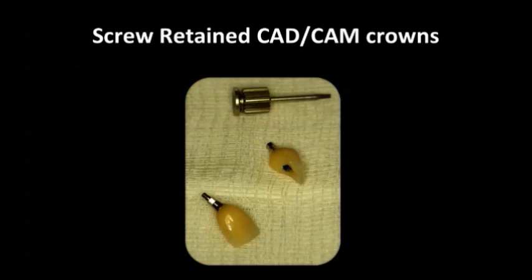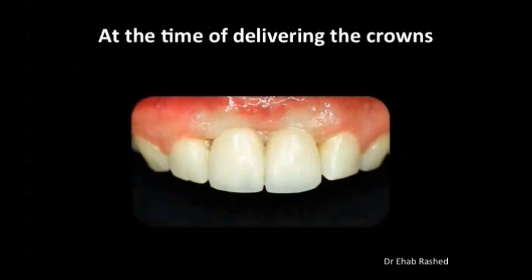It's a screw-retained CAD-CAM crown. As you can see, the hole of the crown is placed on the palatal side, and we have a nice emergence profile. And then we place the implant crowns at the time of delivery, and you can see the blanching of the gingiva.